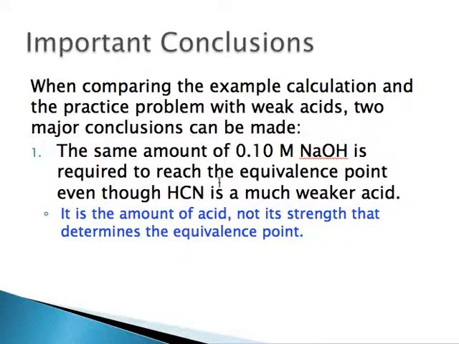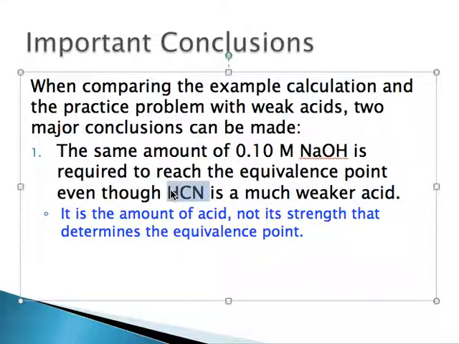Keep in mind the same amount of HCN as you would have, say, HCl is still going to take the same amount of NaOH to neutralize it. It's just that you're going to get a different product when you do that. So when I neutralize HCl with NaOH, my conjugate is sodium chloride, which has no acidic or basic properties to speak of.